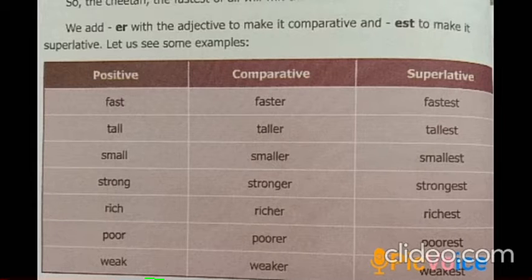See the adjectives here under the positive column: fast, tall, small, strong, rich, poor, and weak. Fast is the adjective here, and er is added to make it comparative, and est is added to make it superlative. Understood? Now see the next one.